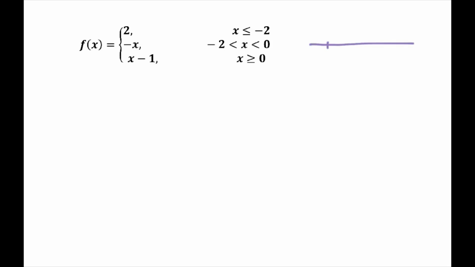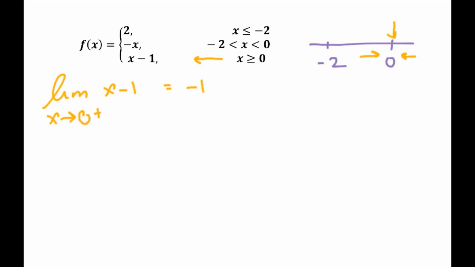So one more time, -2 and 0. We need to study the limit from the right, left, and f(0). So the limit as x approaches 0 from the right side, which is greater than, we'll use this function, which is equal to -1. And the limit as x approaches 0 from the left side, you are using this, -x, and that's equal to 0.